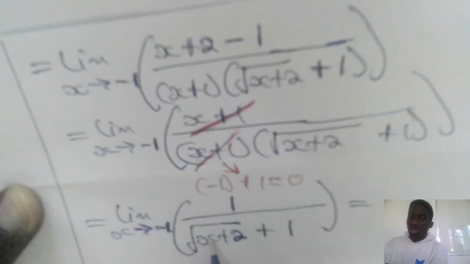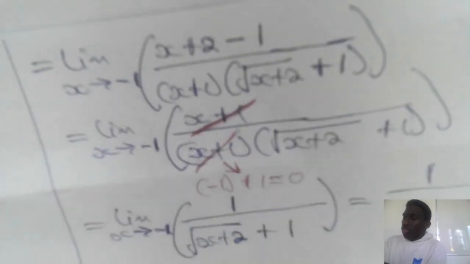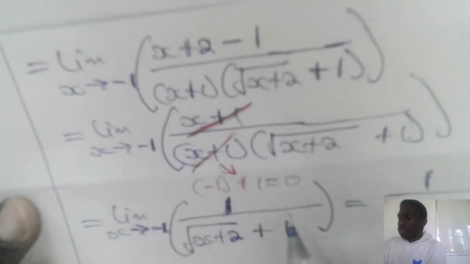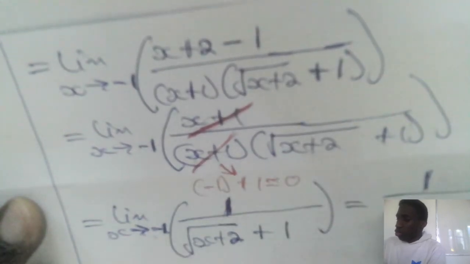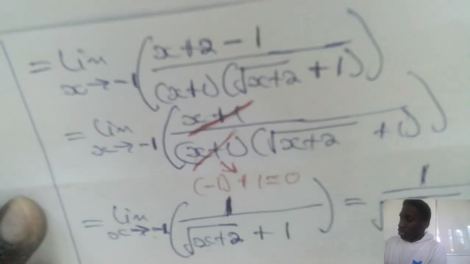And this is the only spot here where I can see x. Because I've cancelled out the numerator there, what I'm left with is a 1 there. So we just put in the minus 1 wherever we see x.